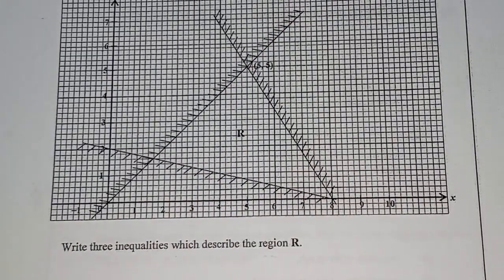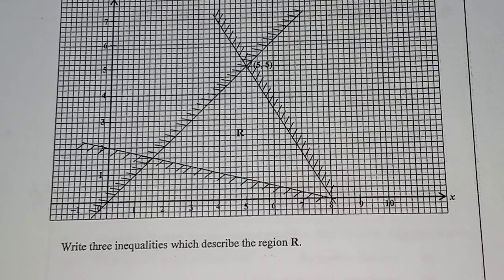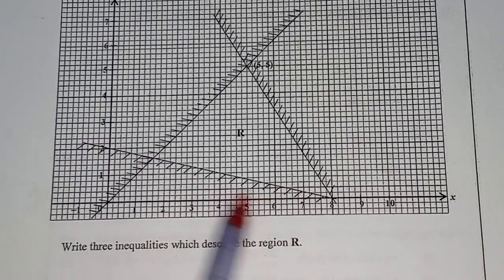So the first thing that you have to do, you have to check what we call special case lines. So when you identify the special case lines, then write the equations of each line that we have. 1, 2, 3. So write equations.